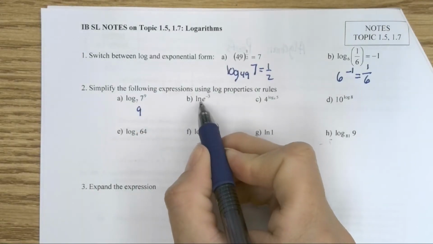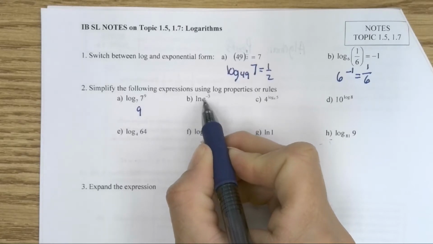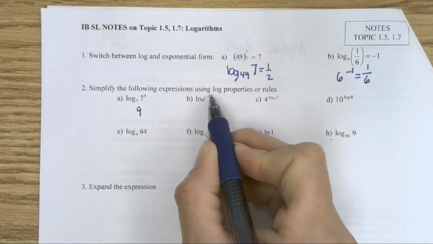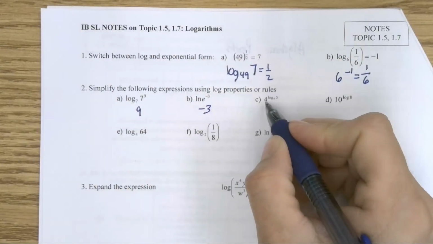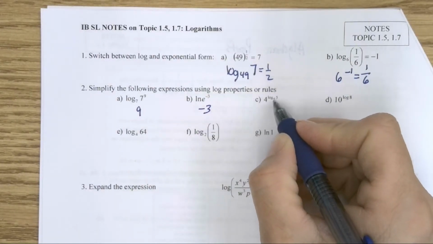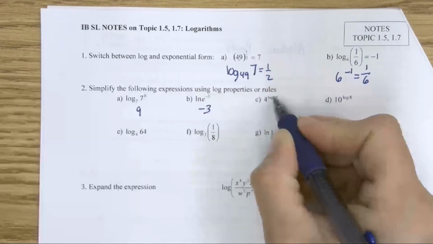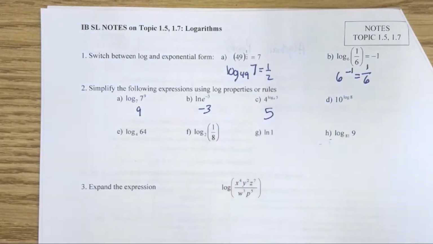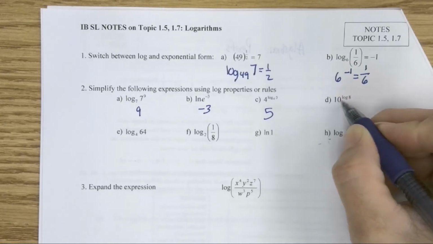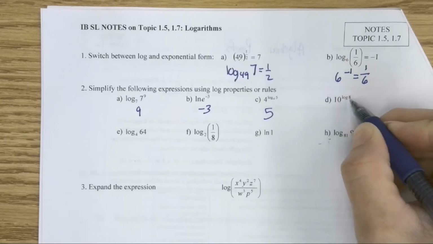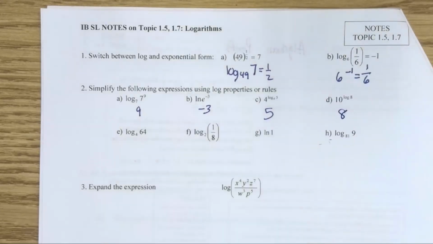There is an implied base e in here, so you have a base e and an exponent base e that match, so that will simplify all the way down to -3. When you have a base to a log with the same base, those simplify down to that log argument, which is 5. And then here, it might not look like they have the same base, but when there isn't a base, it's an implied base 10. So the 10 to the log base 10 of 8 simplifies all the way down to 8.